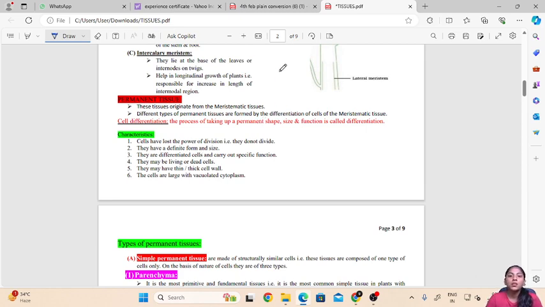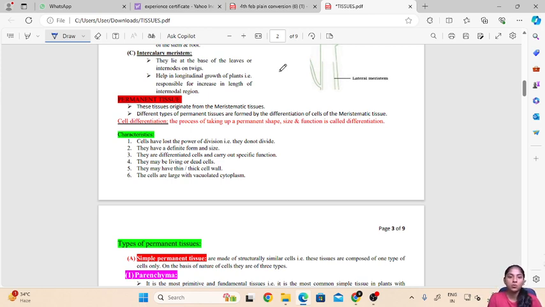These permanent tissues originate or arise from the meristematic tissues only. The meristematic tissue cells divide or differentiate and take up a specific size, structure and function, and they form the permanent tissue. These permanent tissue cells then lose the ability to divide and form new cells.